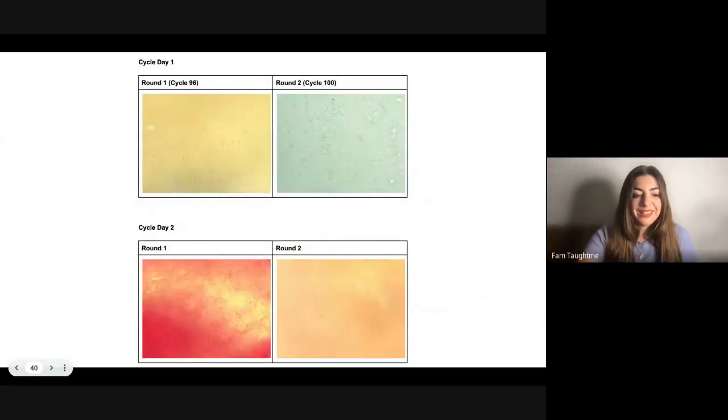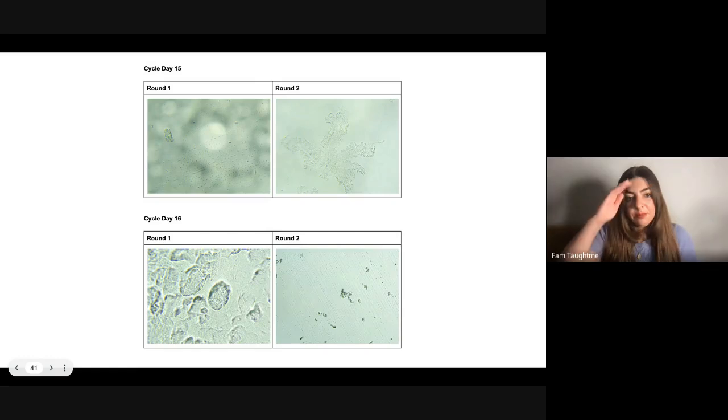Okay. And then in the study, I show my data. So what you're looking at here is the cycle day 1 of cycle 96 and cycle 100, which were the 2 cycles that I studied. And here, same thing, it's cycle day 15. On the left, I chose one image, and on the right, I chose another to represent some of the captures that I had.